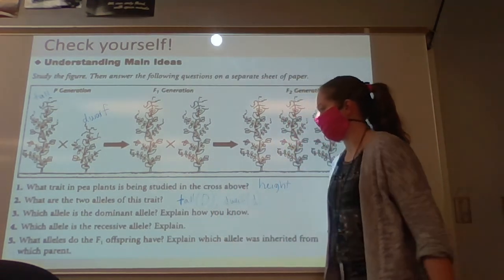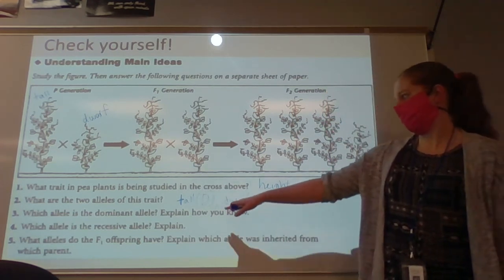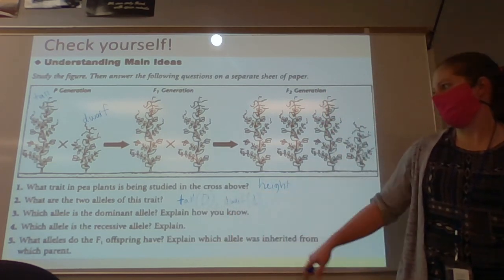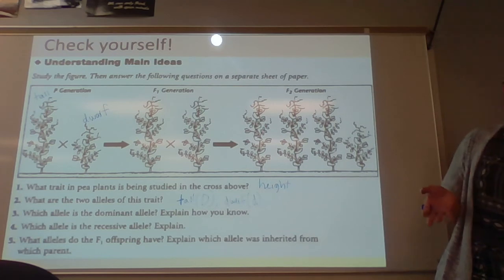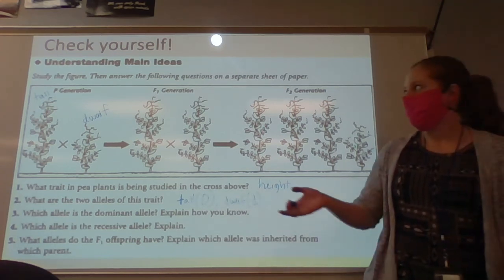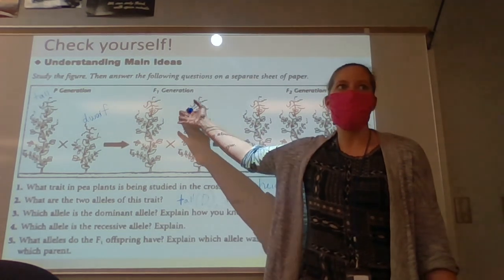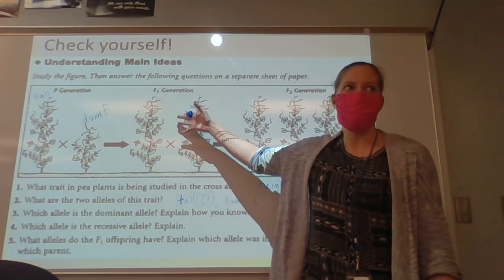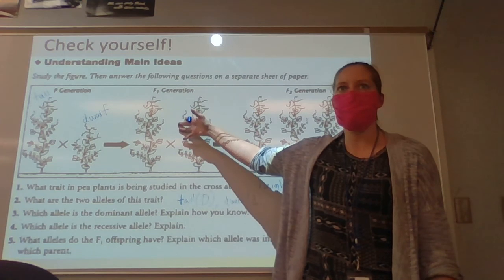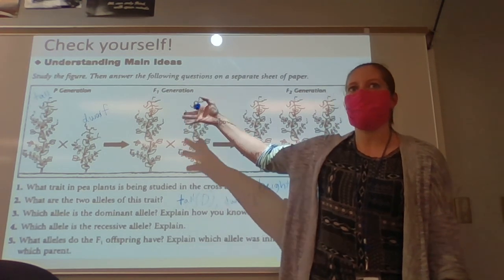I'm going to say tall is the dominant allele, and dwarf is the recessive. I know tall is dominant because the F1 generation is all tall, right? So the dwarf or short version is the one that got covered. The short's recessive, the tall is dominant.